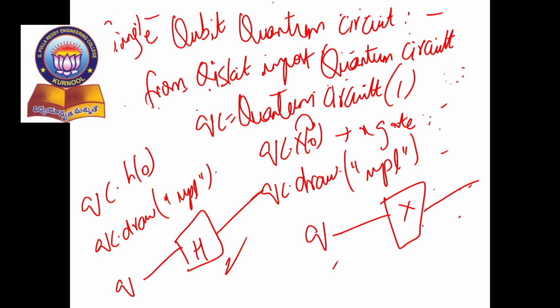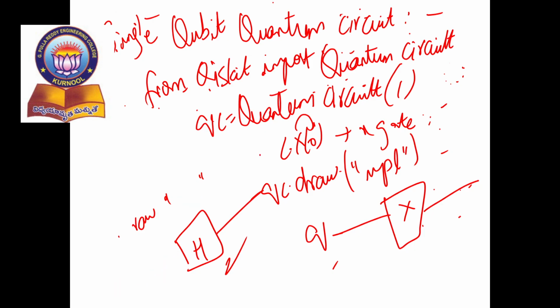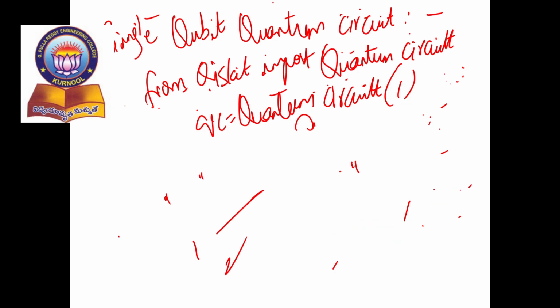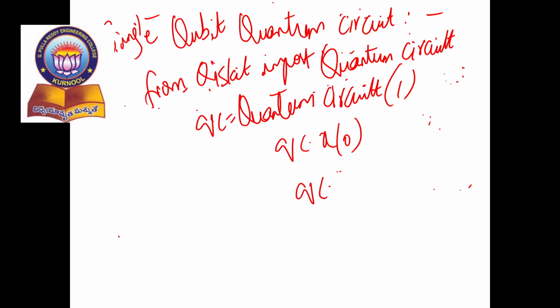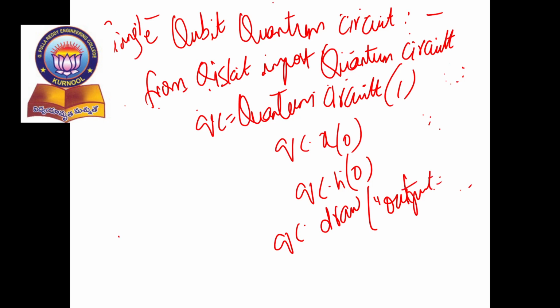We can also add the X gate and the H gate at the same time. Like this we can write QC is equal to QuantumCircuit of 1, QC dot X of 0, QC dot H of 0, QC dot draw, output equal to MPL.